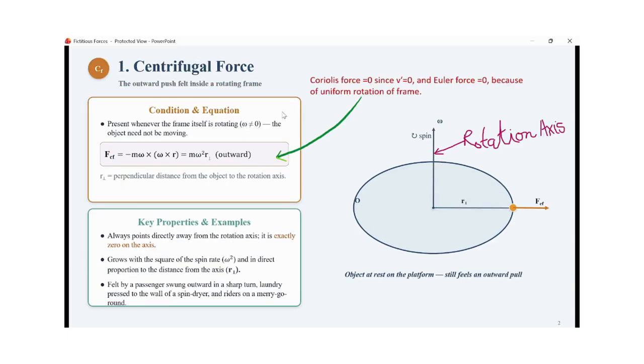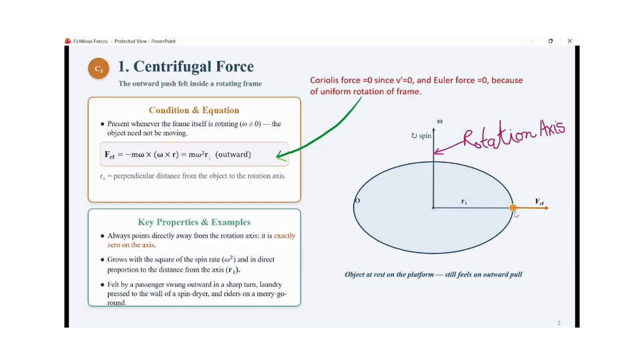Now here F_CF is given by the expression minus m omega cross (omega cross r). So the magnitude is m omega square r perpendicular, and the direction will be radially outwards. So in this case, from that force equation we can see that the Coriolis force is equal to 0 since v dash is equal to 0.